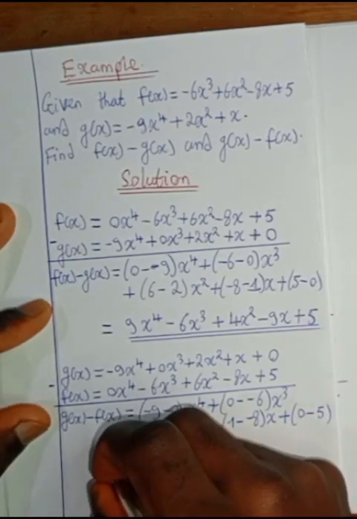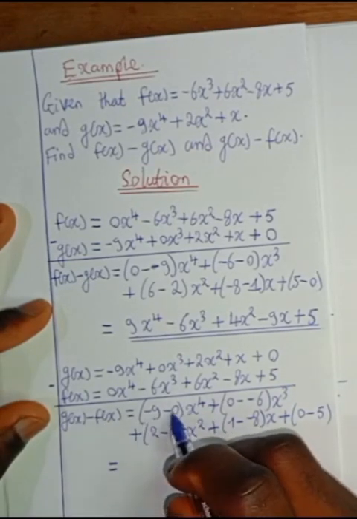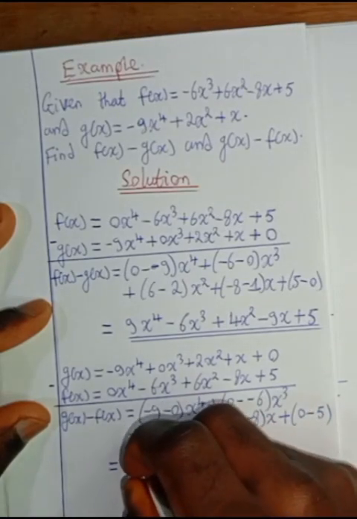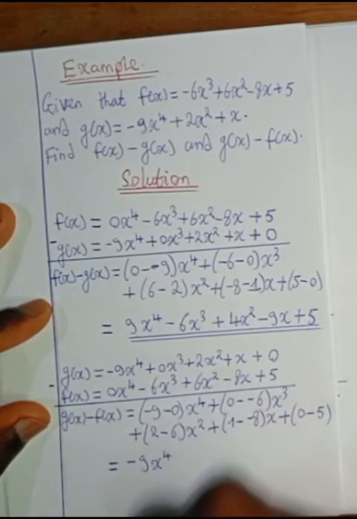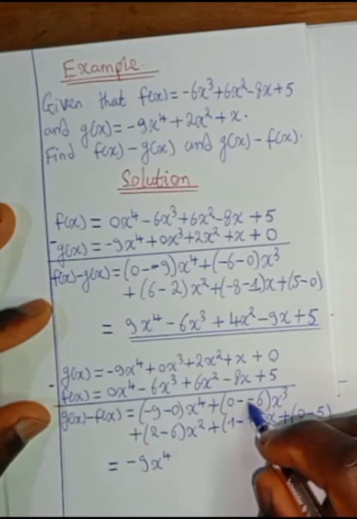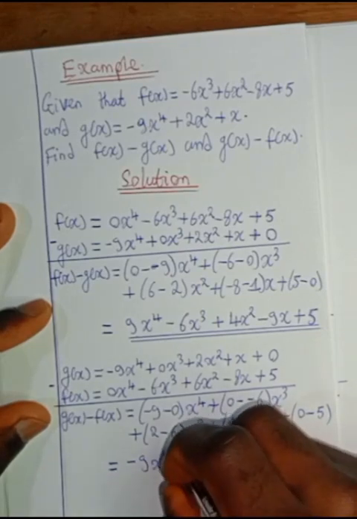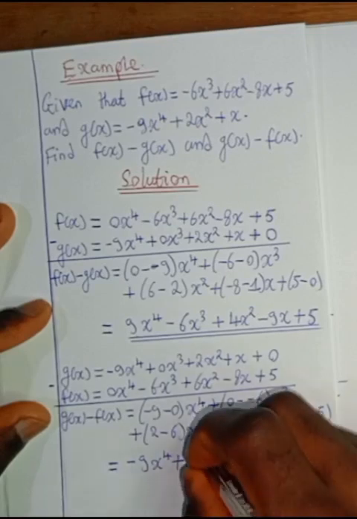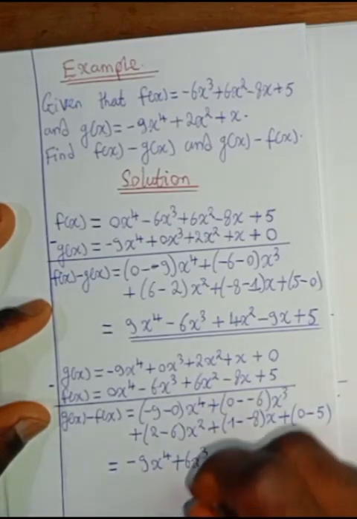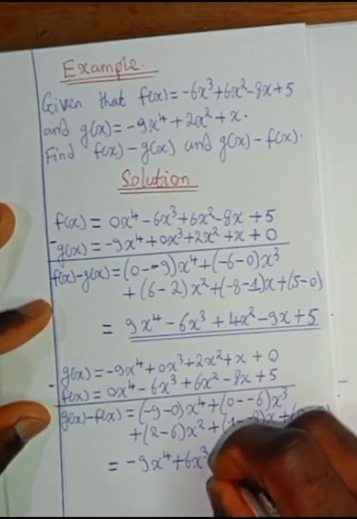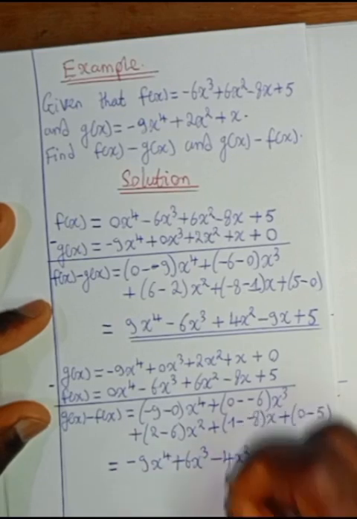So this will simply be equal to, we know negative 9 minus 0 gives negative 9 times x to the power 4, gives us negative 9x to the power 4. Two negative signs becomes positive. 0 plus 6 remains 6, plus 6x cubed. We go to the next. 2 minus 6 gives us negative 4x squared.